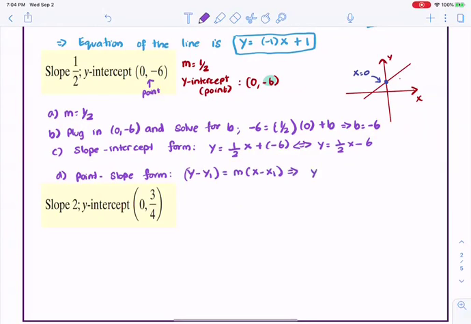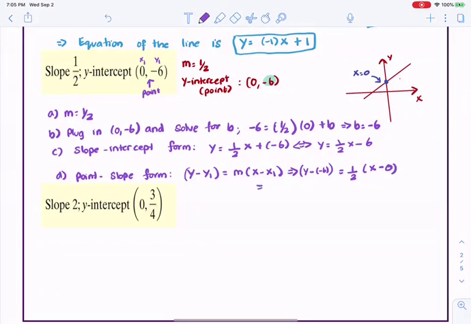So we have y minus, x1, y1 would be our point. y minus 0 equals the slope, which is 1/2, times x minus, y minus minus 6, because y is negative 6, and x minus 0.